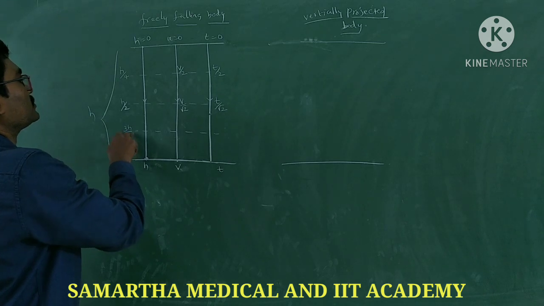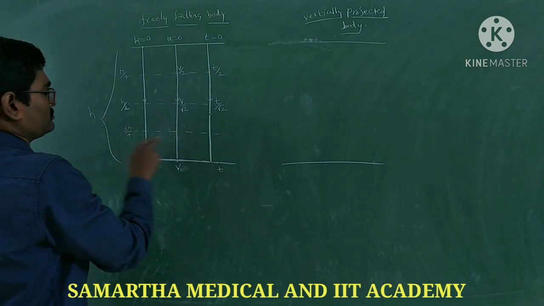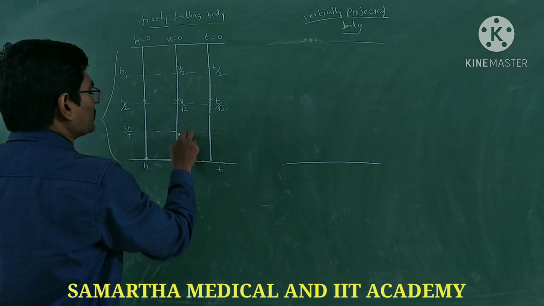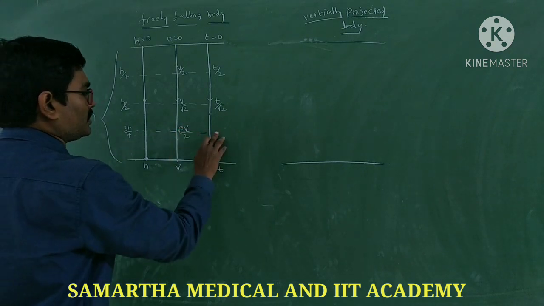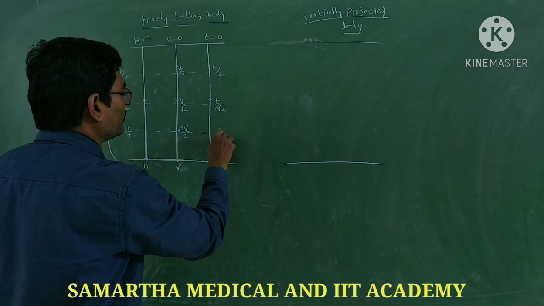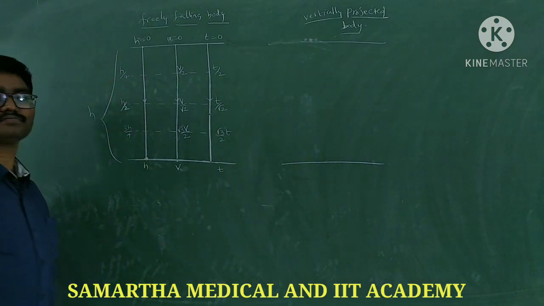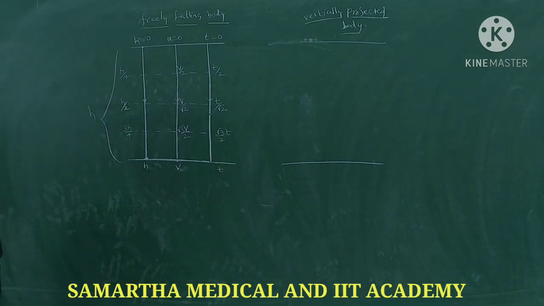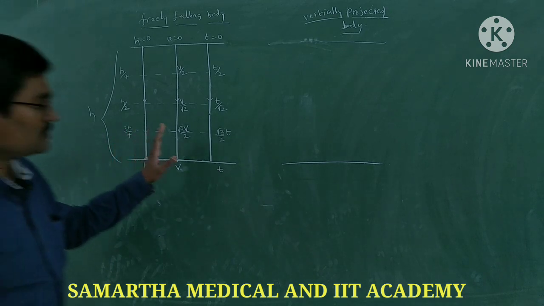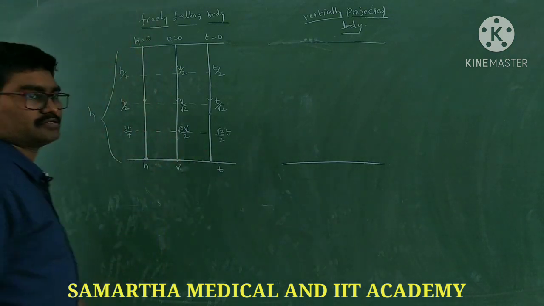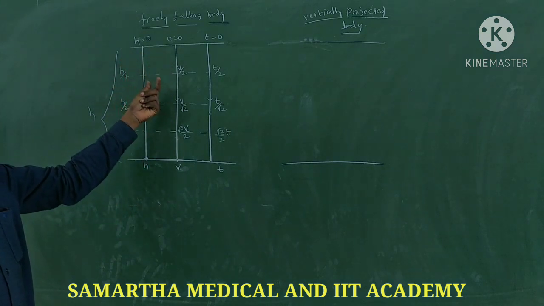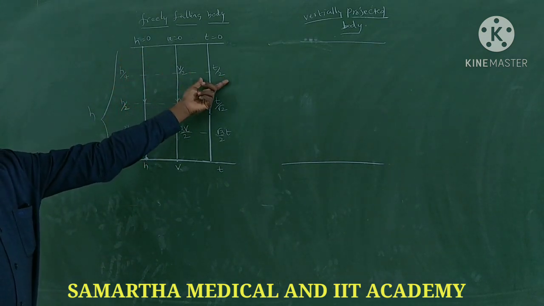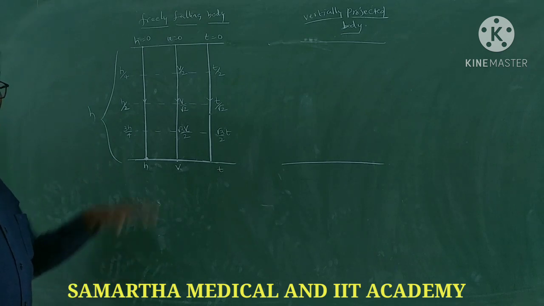Next, when it comes to 3h by 4, it acquires a velocity of root 3 v by 2 and a time of root 3 by 2 t. Next, see how you got these values. You can verify them by using the equations v square minus u square equal to 2as and v is equal to u plus at. Okay, you can verify it.